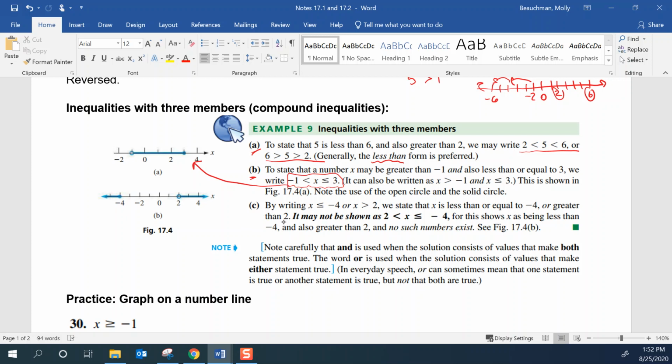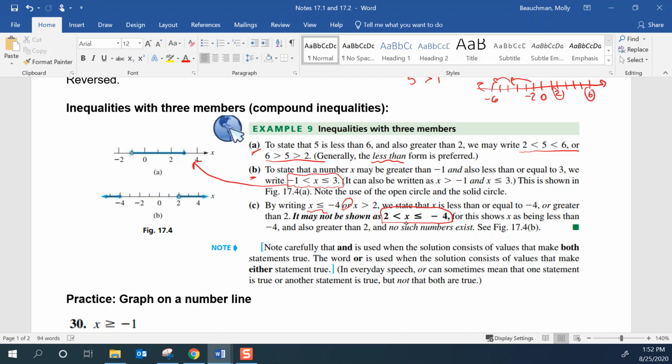Third example: by writing x is less than or equal to -4 or x is greater than 2, we state that x is less than or equal to -4 or greater than 2. It may not be shown as a compound inequality with a single x value, because that would show x as being less than -4 and greater than 2 at the same time, and that's not possible.